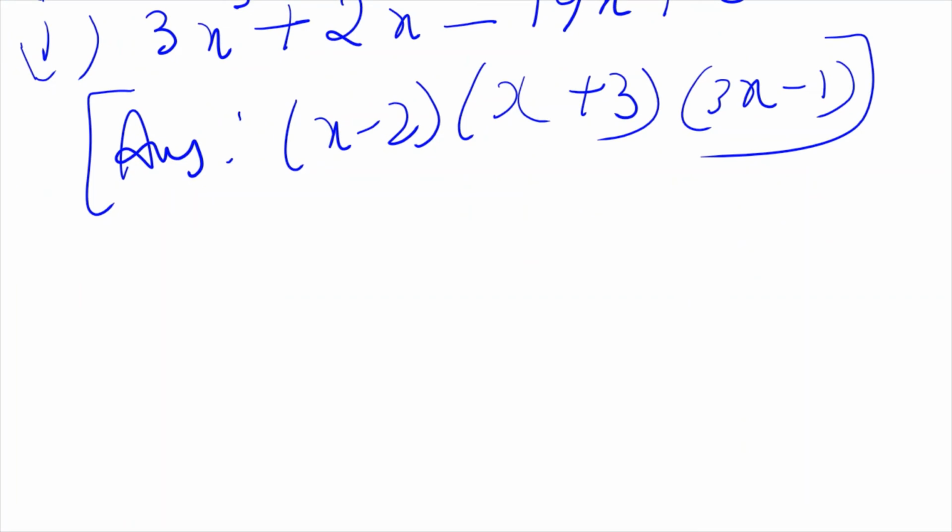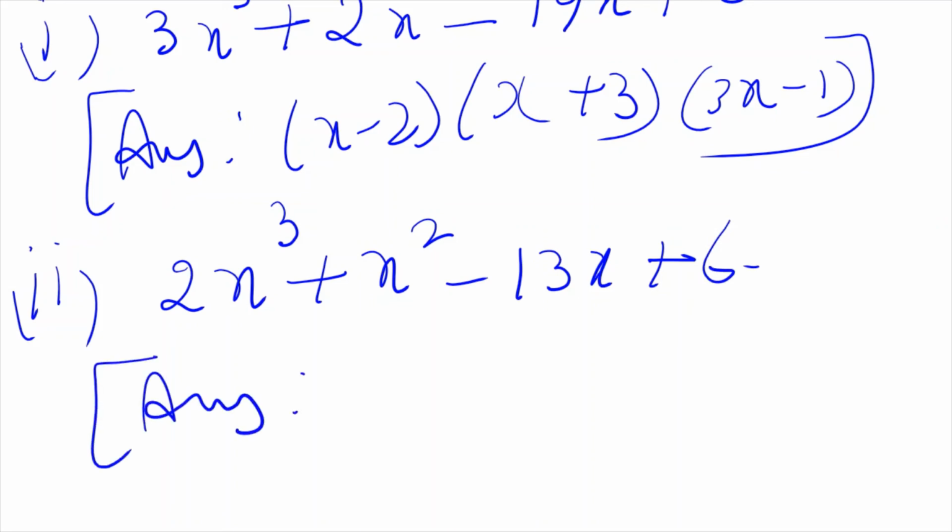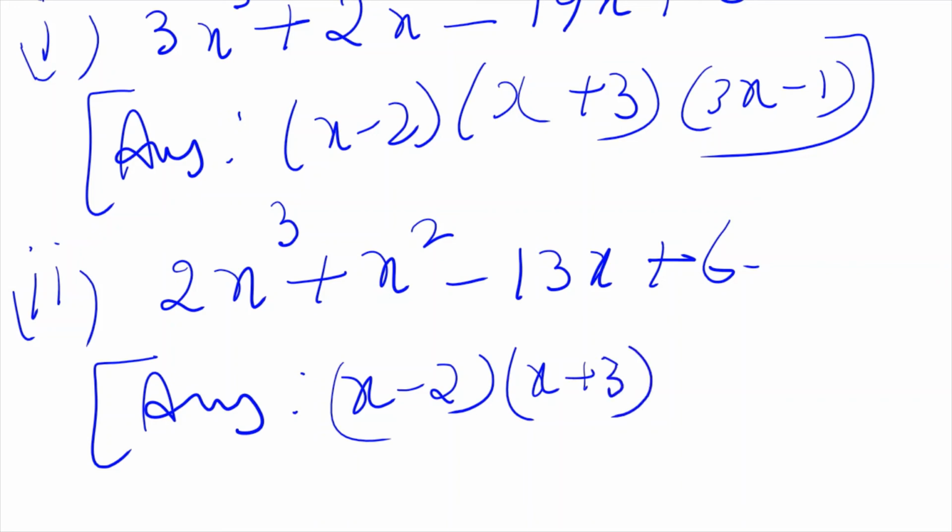Then the second question: 2x cube plus x square minus 13x plus 6. The answer for this is x minus 2, x plus 3, 2x minus 1.